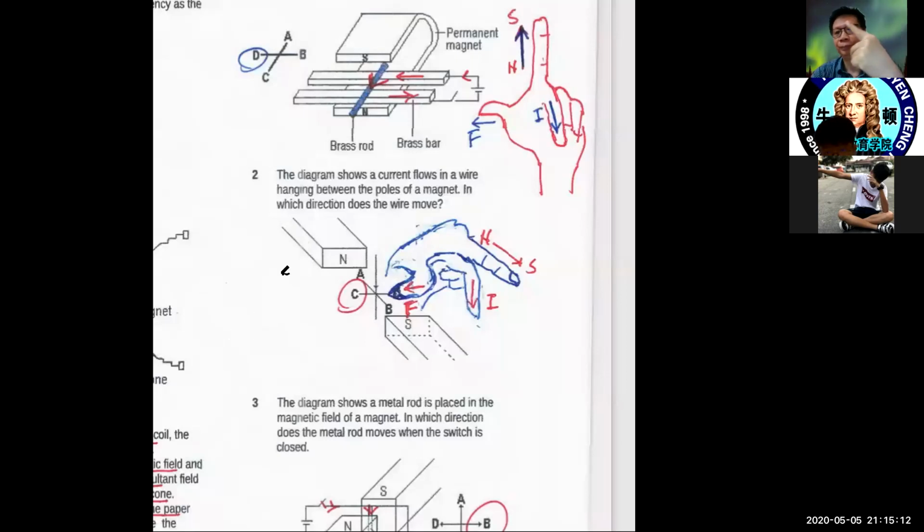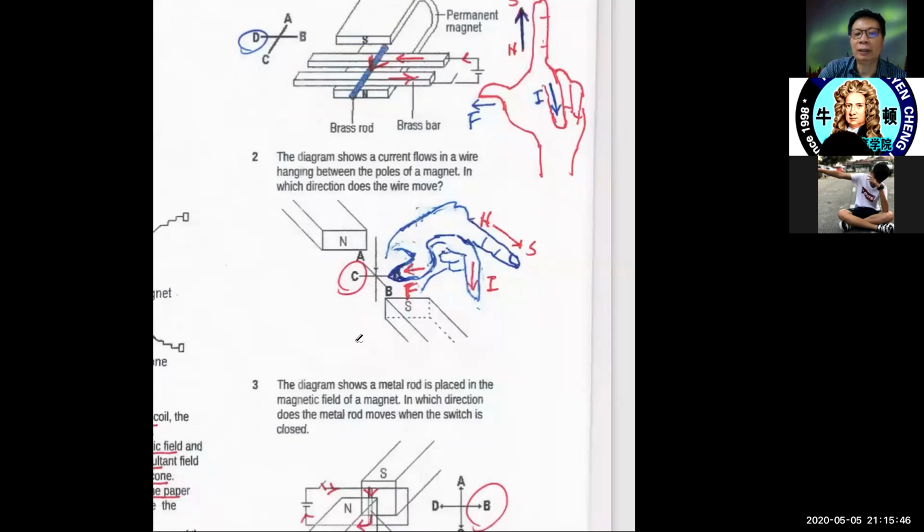Use your hand. Maybe in my video here you cannot see my hand. Sorry, you have to follow this diagram. So this one, magnet north to south. This one, current goes down. When this finger is like that, second finger like this, then your thumb points to the left side. So the answer is C.